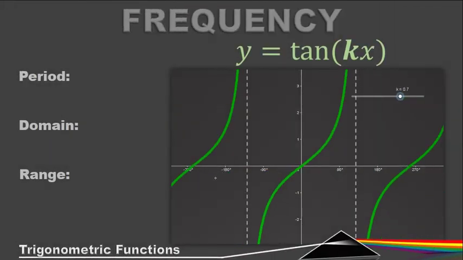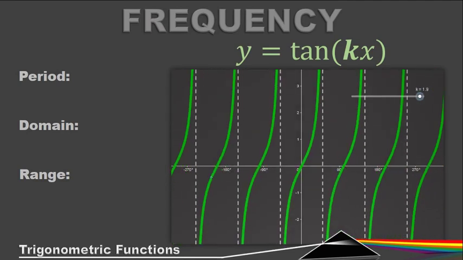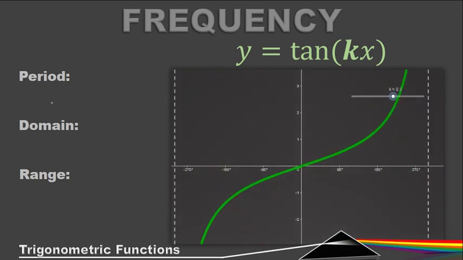And now for the tangent graph, this is what it looks like if it stretches and shrinks. Once again, to find the period, because the tangent graph's original period is 180, to find the new period we just divide 180 by k, and then the domain will obviously change.